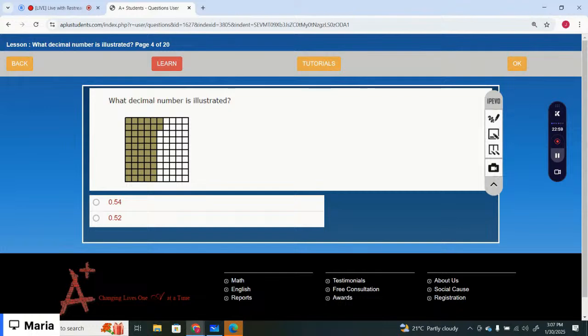Which is the correct option? That is 0.52. Option number 2 is the correct option.